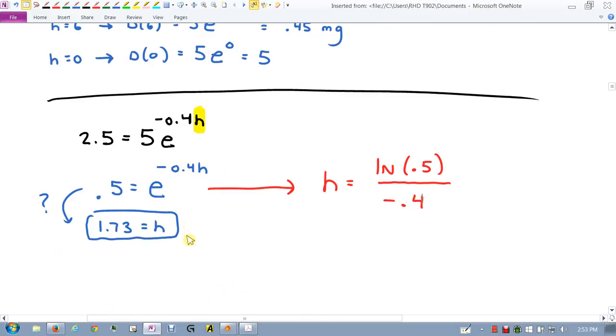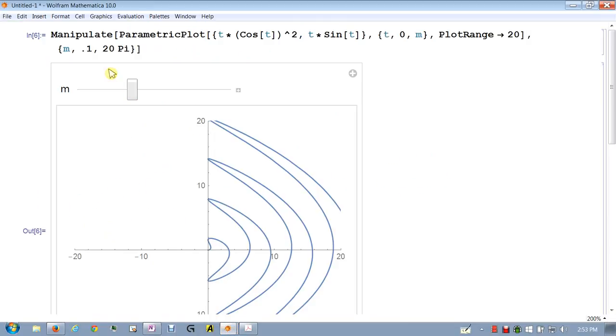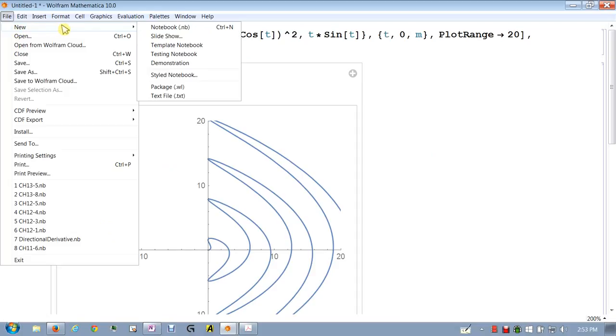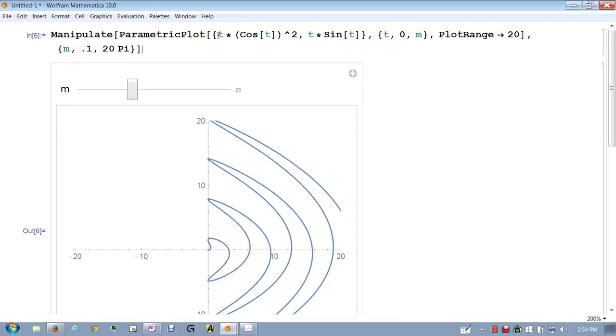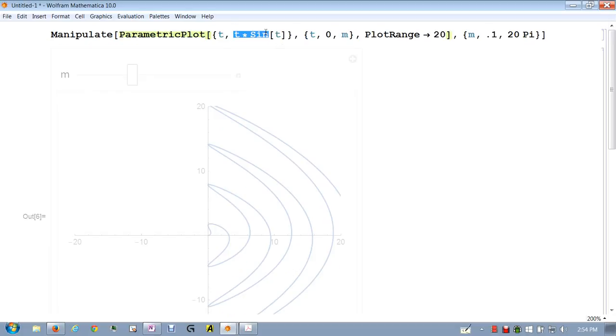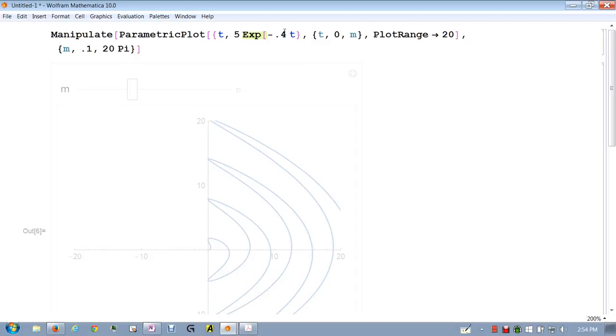Okay, now I'm going to do something else because this is so exciting for you. I'm going to draw a graph of the function that we were just talking about, 5e to the negative 0.4h, right?